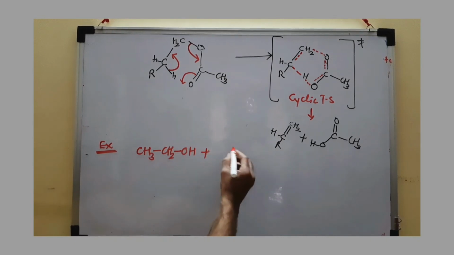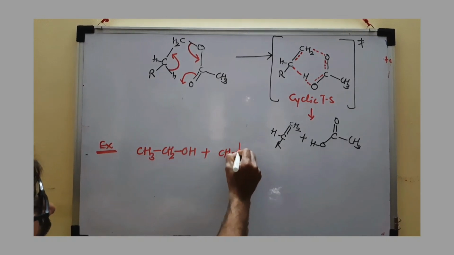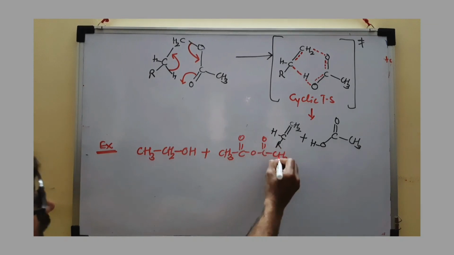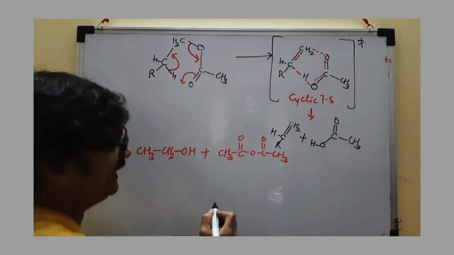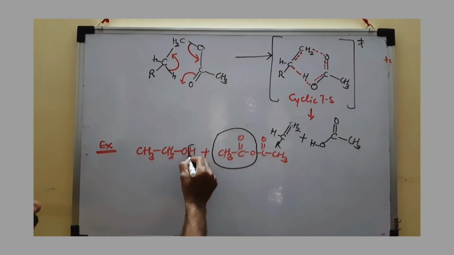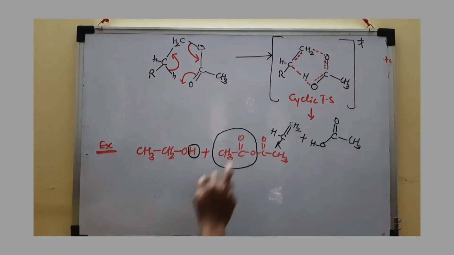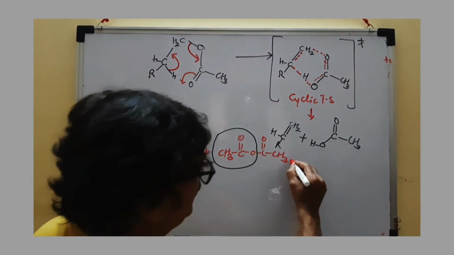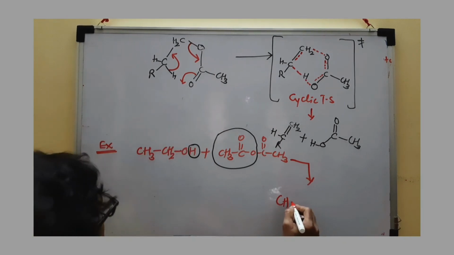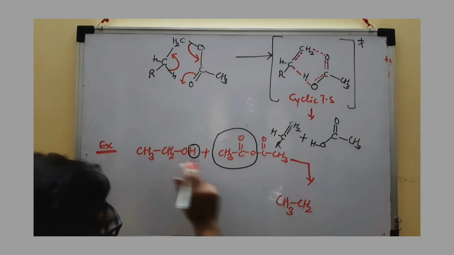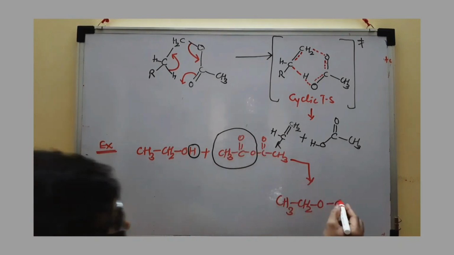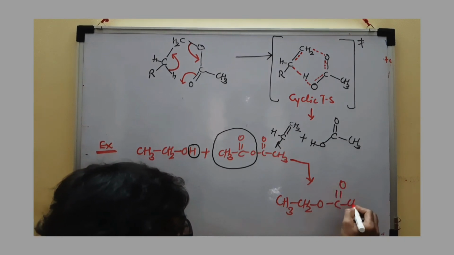So when ethyl alcohol is treated with acetic anhydride, which you know is used for the acetylation reaction, you have to replace this hydrogen with this acetate. So you will get ethyl acetate. So I write here CH3, CH2, O, C double bond O, CH3.